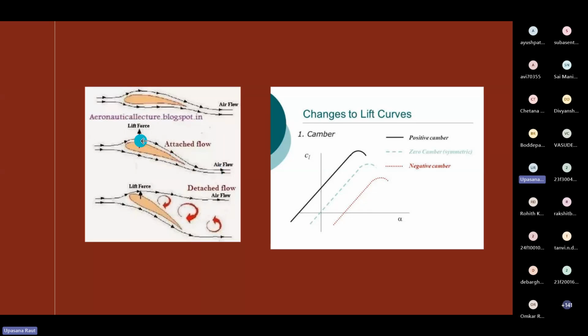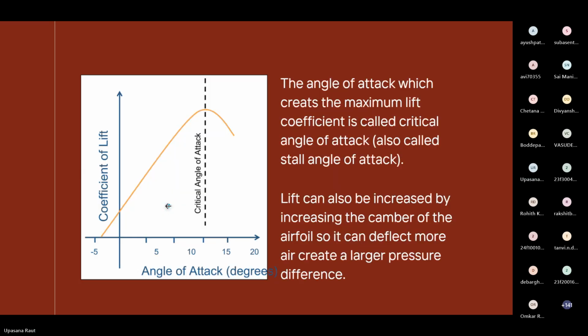This more deflection would cause an increase in velocity. This increase in velocity will further reduce the pressure. So there would be a larger pressure difference around the airfoil, and that pressure difference will lead to more lift force being generated. Is it okay?